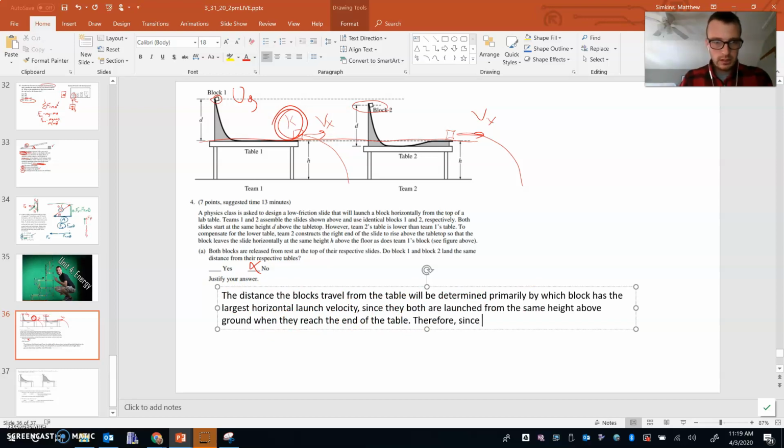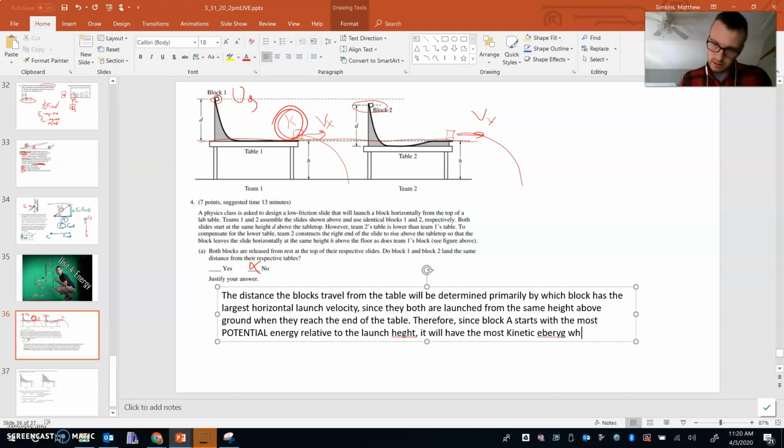Therefore, since block A starts with the most potential energy relative to the launch height, it will have the most kinetic energy when it reaches the end of the table, and thus it will travel a greater distance from the table than block B.